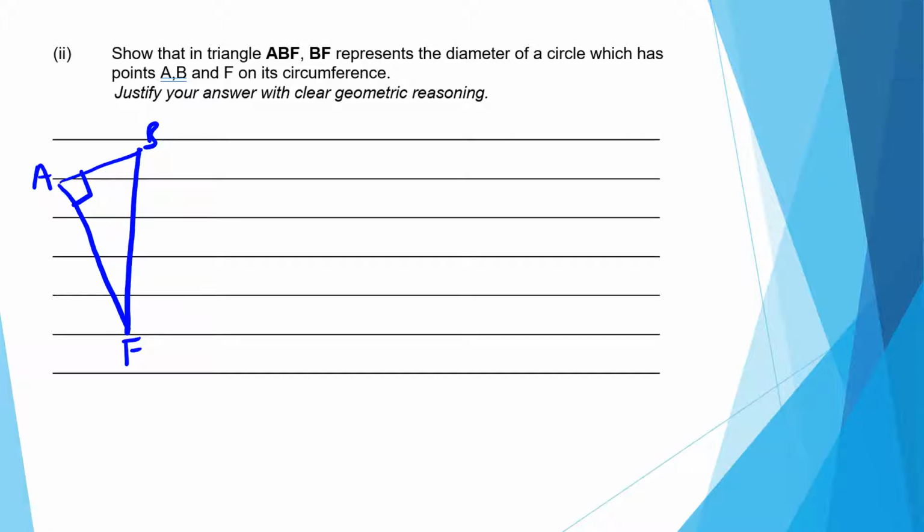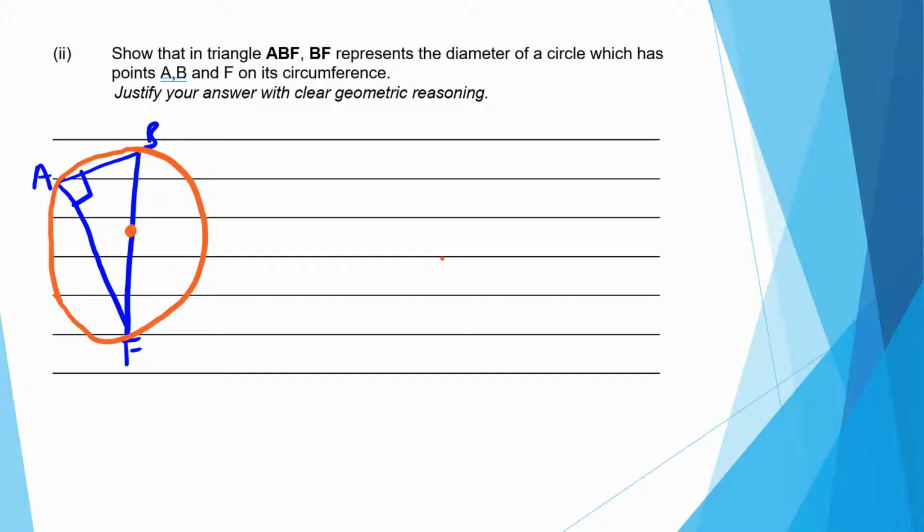So if we form the triangle ABF, basically it means that A, B and F must all lie on the circumference of the same circle. Gee, I didn't do a very good job of that, but you get the picture.